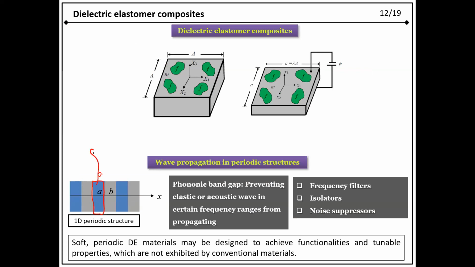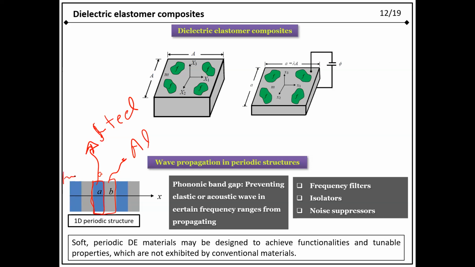Let's say it is made up of hard materials. So let's say this is made up of steel, and this is made up of, let's say, aluminum. Okay, so what happens if we repeat such units and pass a wave of a particular frequency?